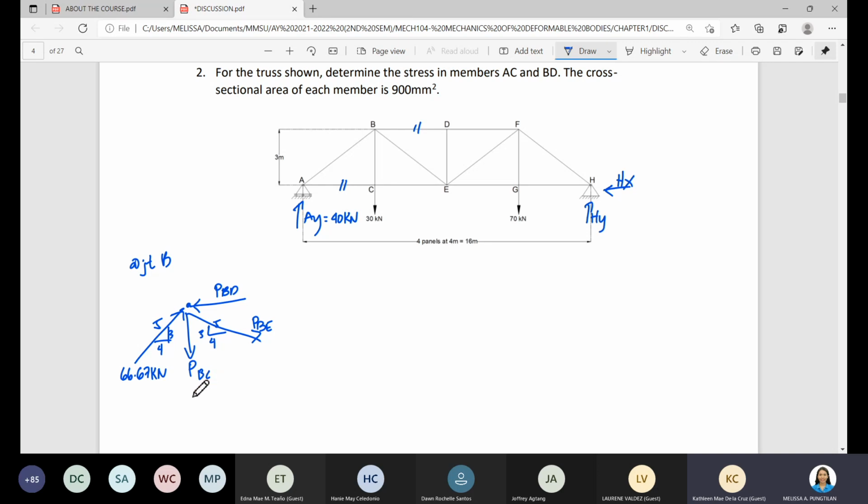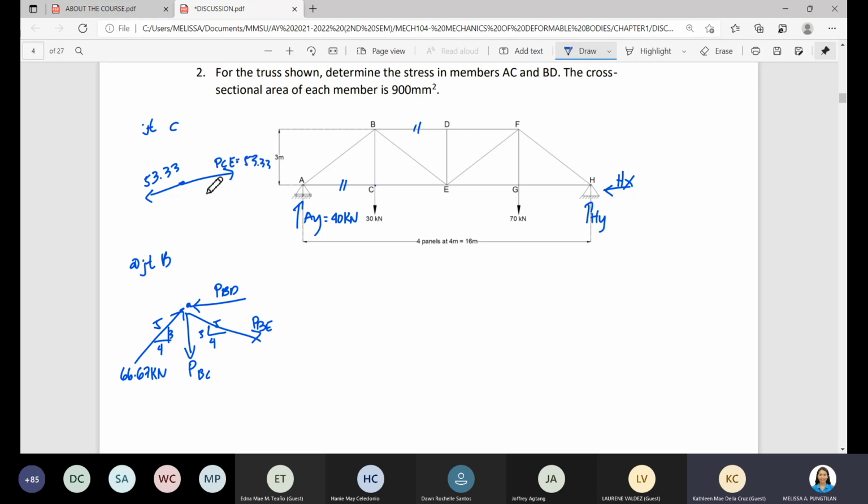So, yung PBC pala natin, force at BC natin. So, if I will do the joint C, yan. Yung AC pala natin kanina is, ilan yung AC? We have 53.33, tama? 53.33. So, yung ating PCE is also equal to 53.33.